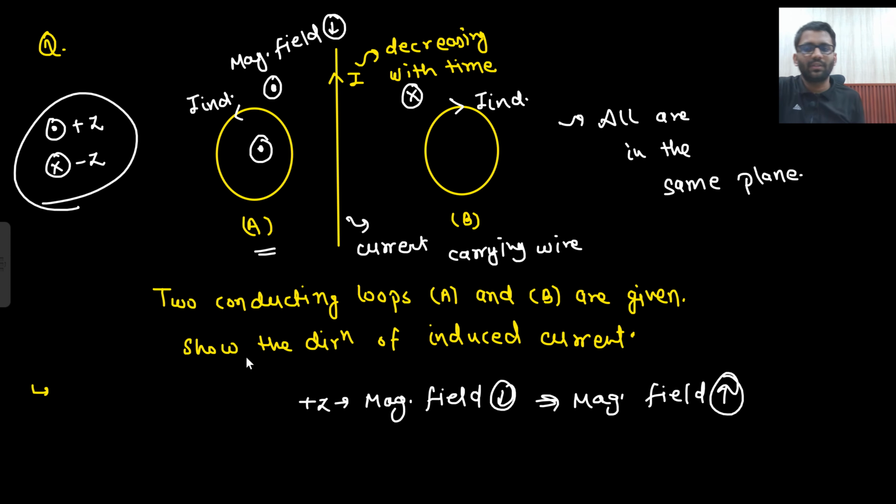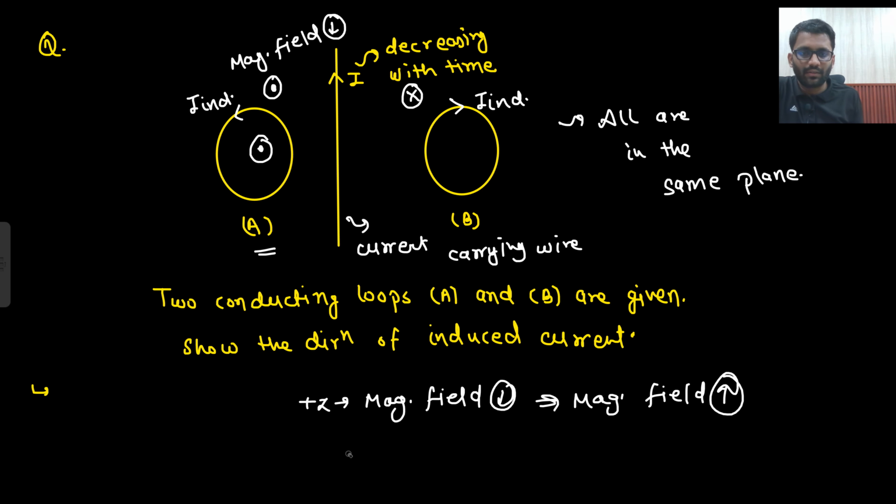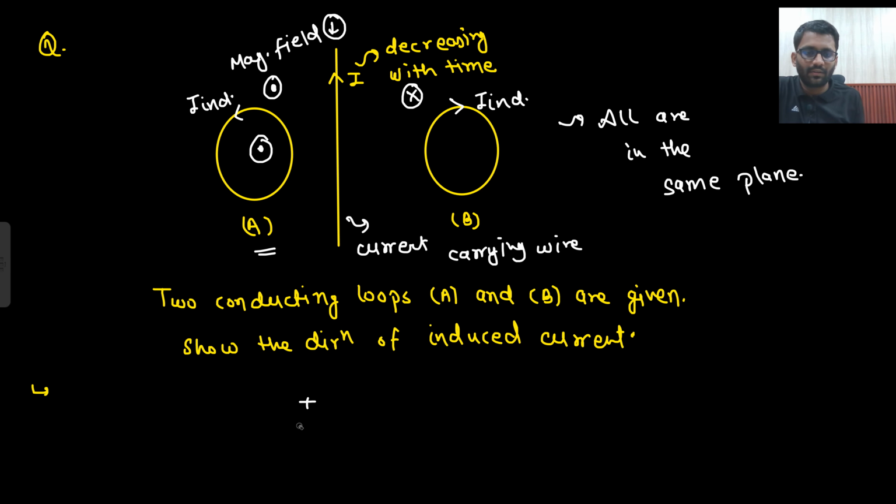So this was a very good question. Okay. Whatever you want to write, you can write down in your notes. But here I am writing this is magnetic field decreasing, and here also I will write magnetic field is decreasing.